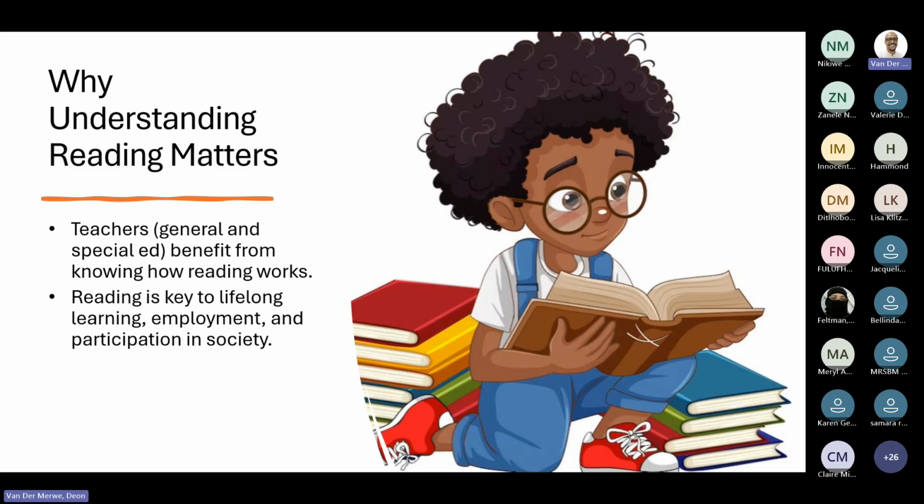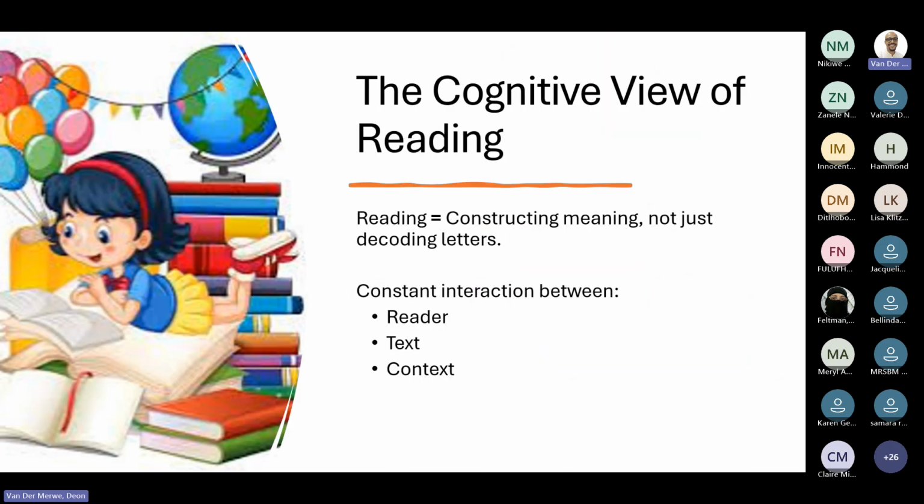It's actually also about building meaning. And this happens through a constant interaction between the reader, the context, as well as the text in which the reading takes place. So here are a few key ideas from the cognitive view approach that really informs reading.